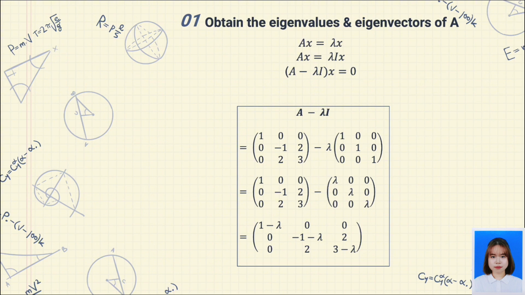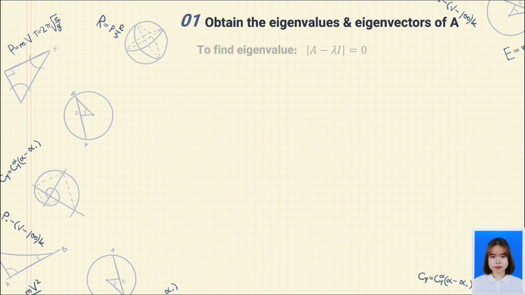A minus lambda I is equal to 1 minus lambda, 0, 0, 0, negative 1 minus lambda, 2, 0, 2, 3 minus lambda. To find the eigenvalue, we have to find the determinant of A minus lambda I, which is equal to 0.